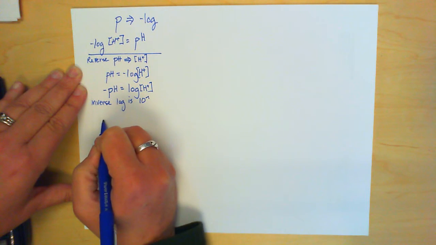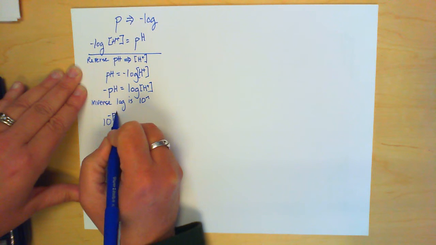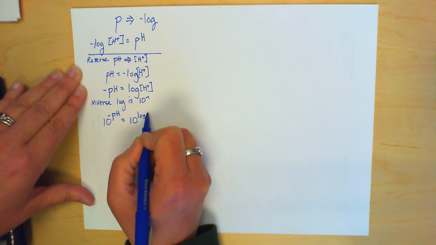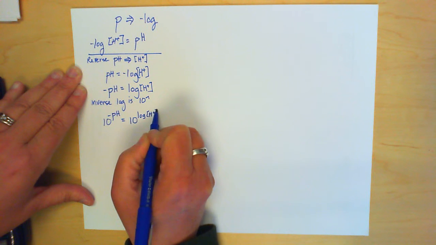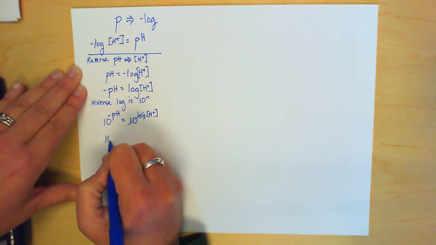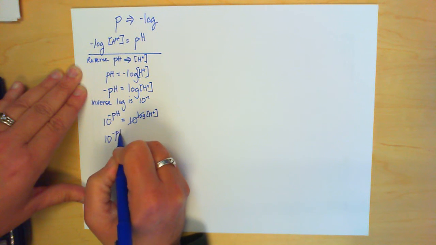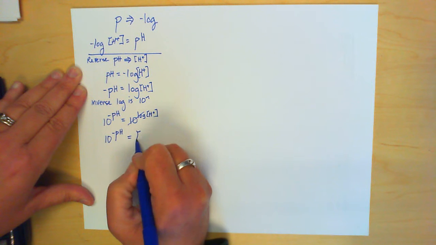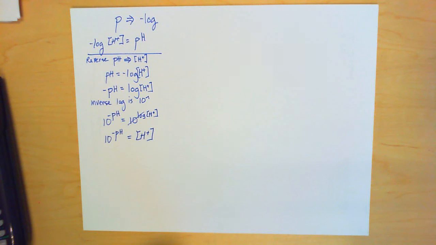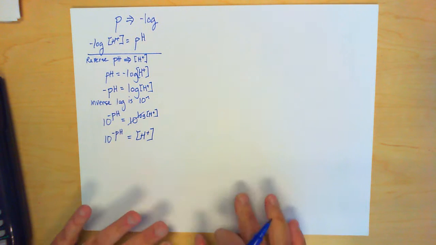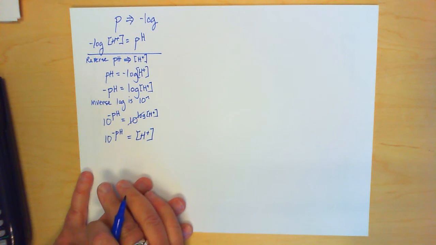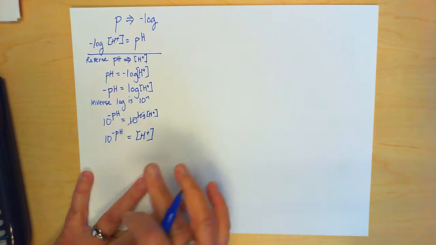So if we take 10 to the negative pH is equal to 10 to the log of the H plus, then the net effect is these two cancel out, so we are left with 10 to the negative pH is equal to the hydronium ion concentration. Now, as I said, this will work for any p function we have. More about that one in just a second.